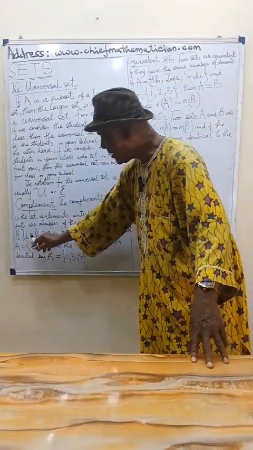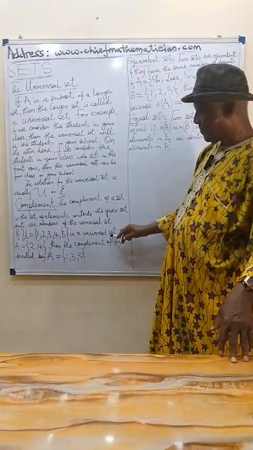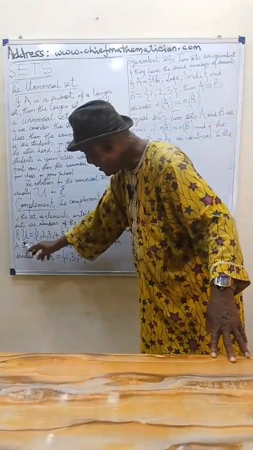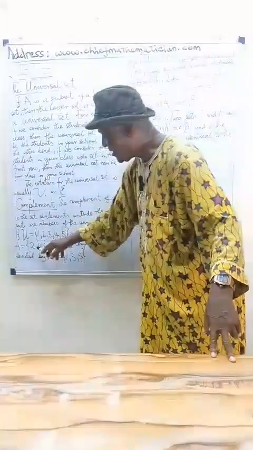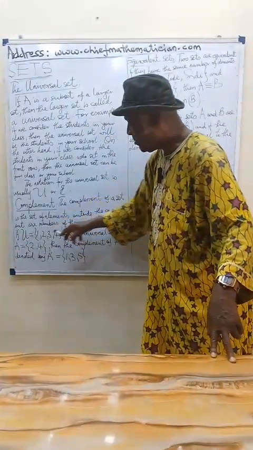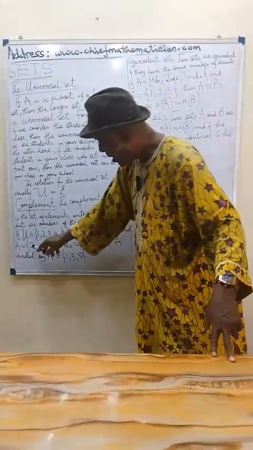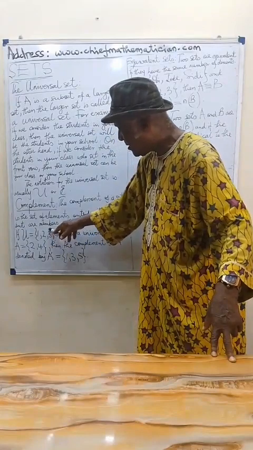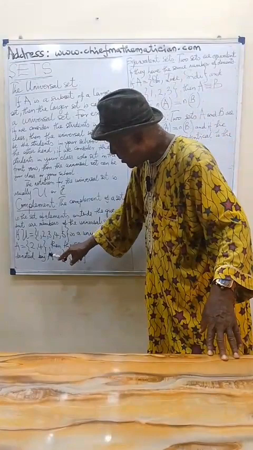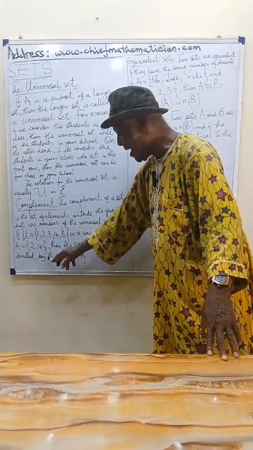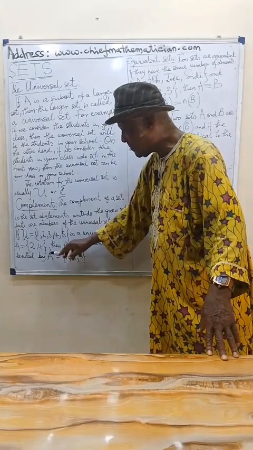If U is equal to {1, 2, 3, 4, 5} is a universal set, and A is equal to {2, 4}, you see the elements in A, you see the elements in the universal set. Because A is inside this universal set, the complement of A will be the set, written as A prime, A complement.